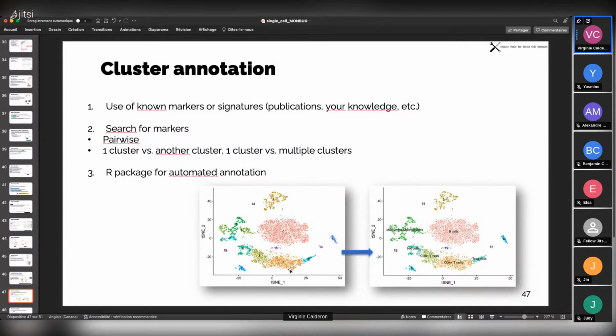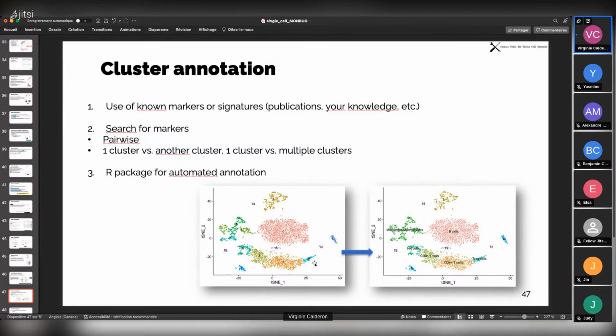What genes are upregulated only in cluster 1 or downregulated only in cluster 1, for example. Or you can say, okay, I want to analyze clusters 6, 3, 1, and 8. So I will compare 8 against these 3, 1 against the other 3, etc., because maybe you know that these are interesting subtypes. You can go layer by layer.